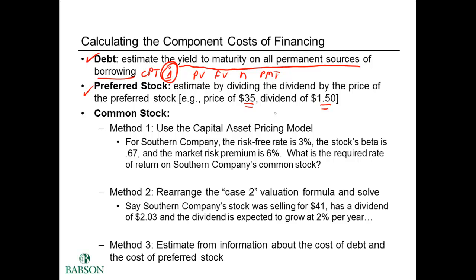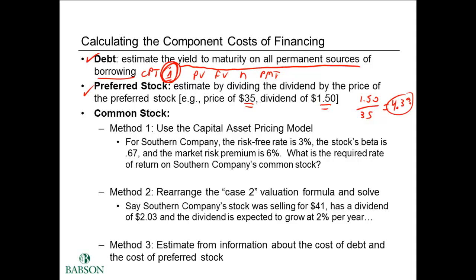So in order to find out what that is in terms of a rate of return, you just divide. Your investors expect $1.50 a year on $35 that they've invested, or an average rate of 4.3%.